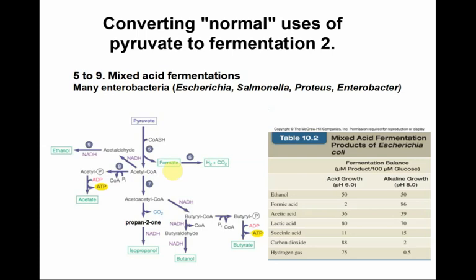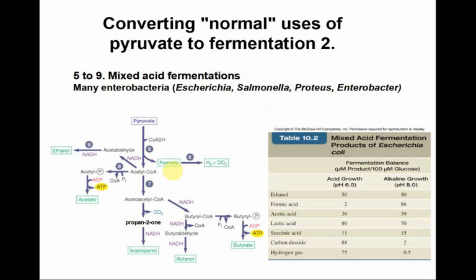decarboxylase. But that will put 2 electrons onto NADH, which are then used in the electron transport chain. But the whole point of fermentation is to recycle NADH to NAD+, if you remember.